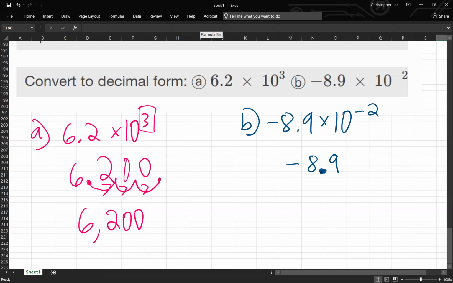Two spaces. Perfect, right? So 1 and then 2. Exactly, right? So just because I have the magic of the computer, I can do that, right? So what's my answer? It's negative 0.089. And that's it.